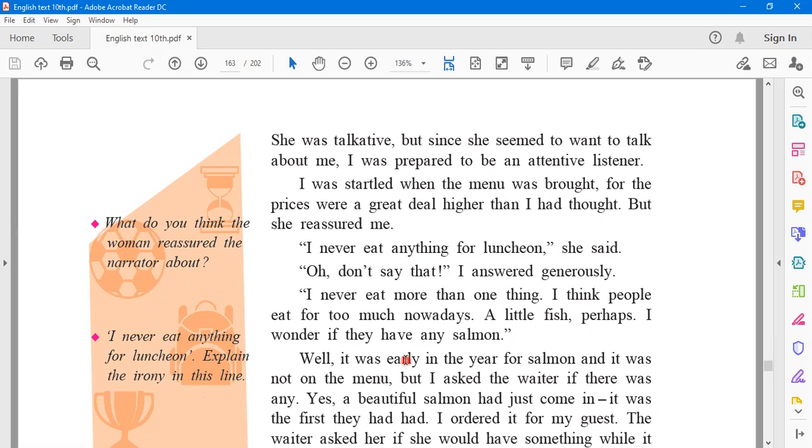The quality of that mutton chop would have definitely been very good. The author wouldn't have tasted anything like that. But he could not enjoy that because all the while his worry was about the bill that he would have to pay at the end of the luncheon.